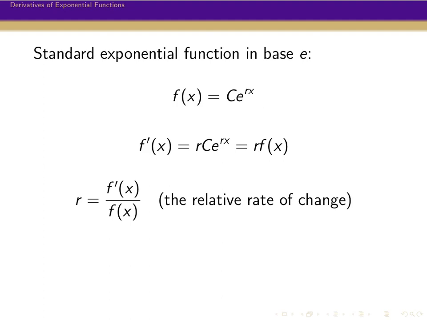Hopefully that looks familiar. We talked about that a couple weeks ago. This is the relative rate of change. Right? So one way to think about exponential functions is functions where the relative rate of change is a constant. And so in this case, it's r.